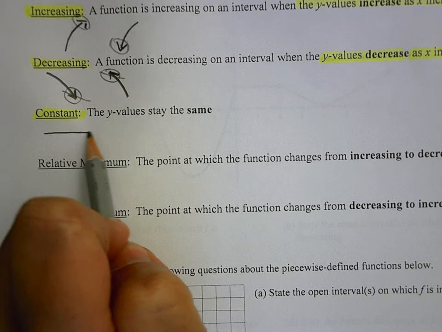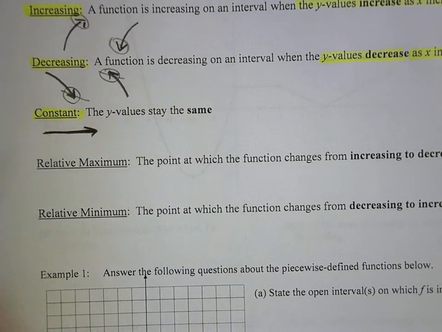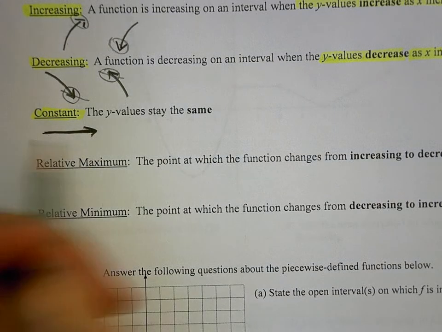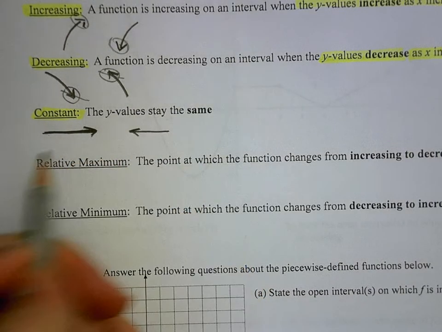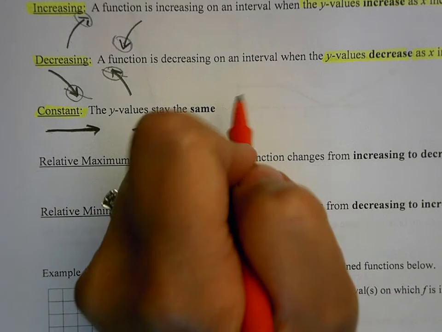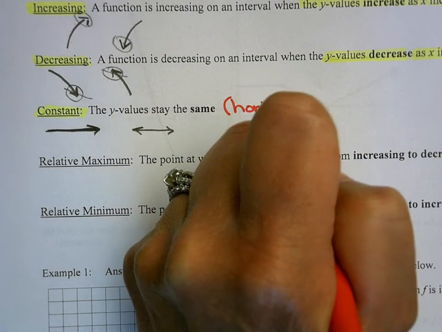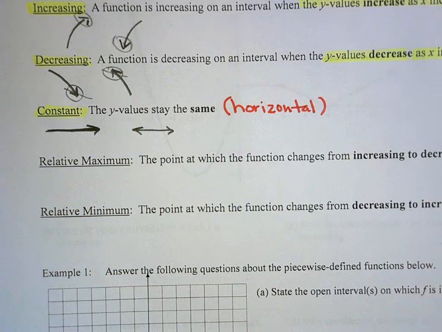There can be an arrow pointed to the right, an arrow pointed to the left, or maybe on both sides. It doesn't matter. That is what we would call a constant function. It is horizontal, just as a reminder of what horizontal looks like: side to side.